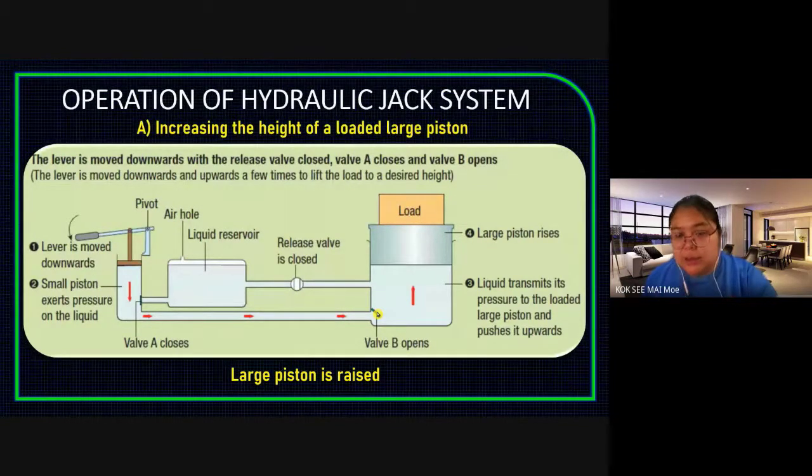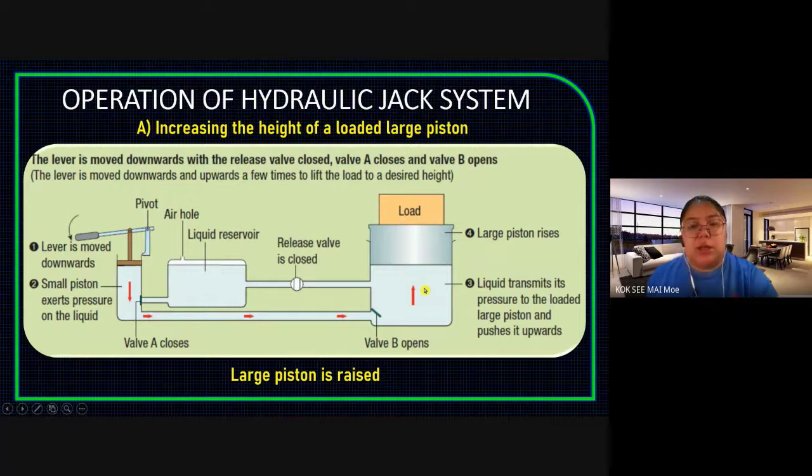Okay, understand about the hydraulic jack. Important: when the piston goes downwards, the pressure travels from the input to the output, through the liquid. The liquid helps to travel, then goes to the large piston.